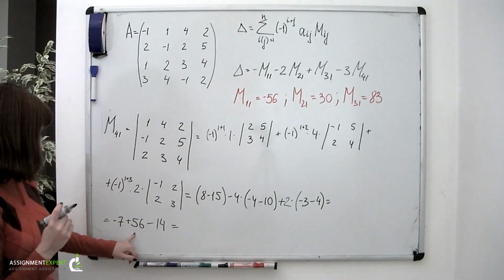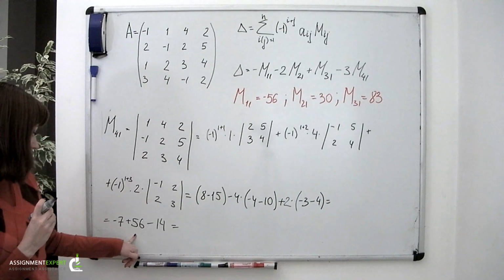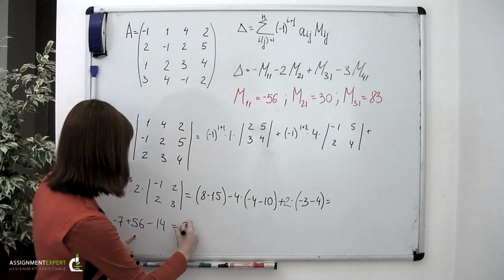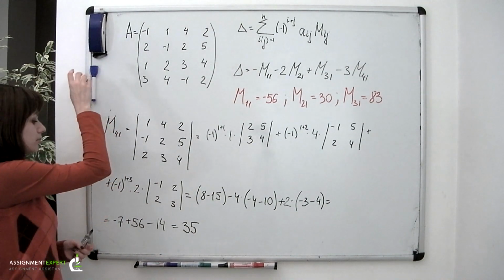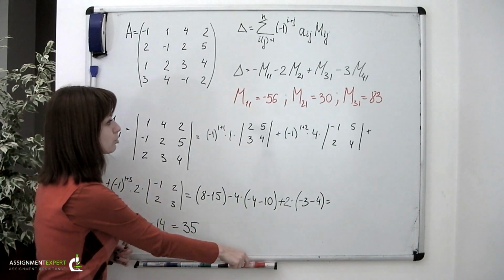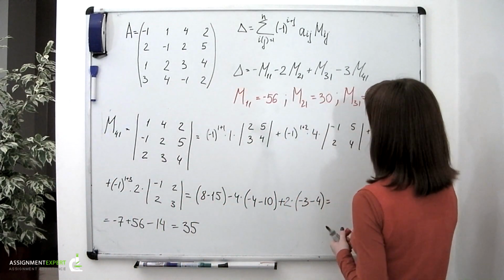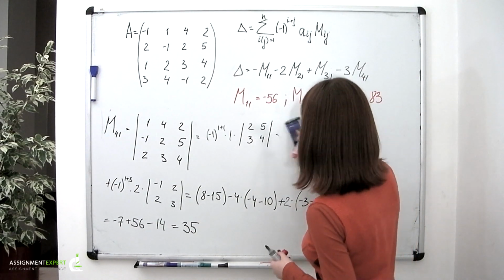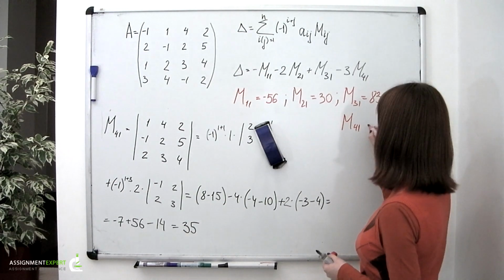And so we have 42 minus 7, and that is, I suppose, 35. Right. So our fourth and last minor, M sub 4, 1, is equal to 35.